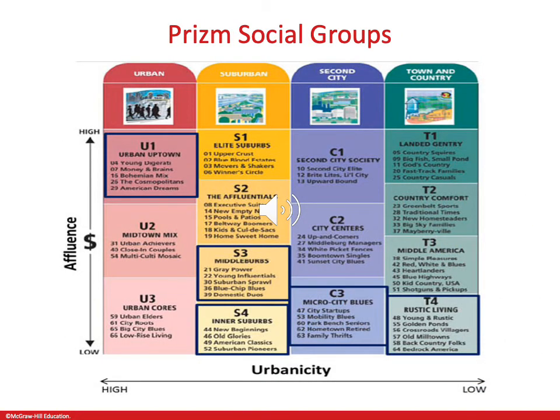Now, here's a really good resource for you guys. And those of you who had me in Principles of Marketing, hopefully you will remember the Claritas Prism groups, right? These are groups of like consumers based on understanding level of urbanicity and level of influence. And so what Claritas has done is to group like consumers together and provide some very detailed descriptions of those like consumers.